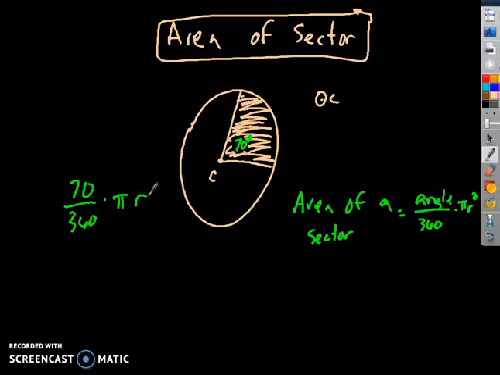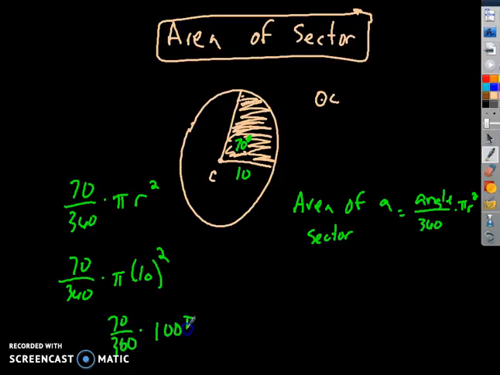So let's say I gave you a radius and say this radius was 10. So it would be 70 over 360 times pi times 10 squared, which is 70 over 360 times 100 pi, which is about 61 square units.